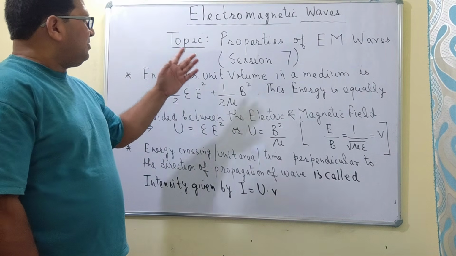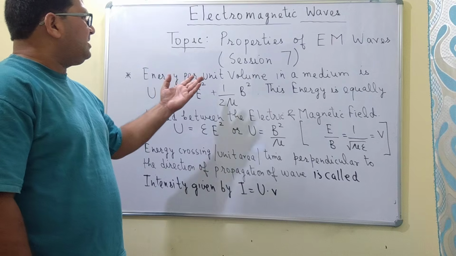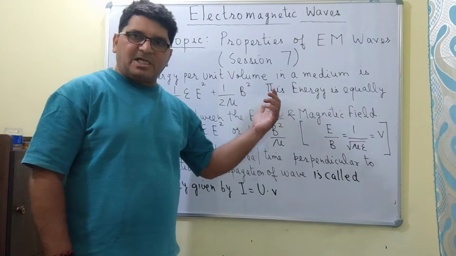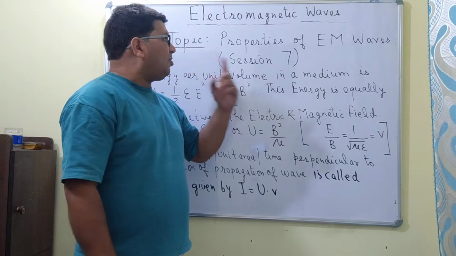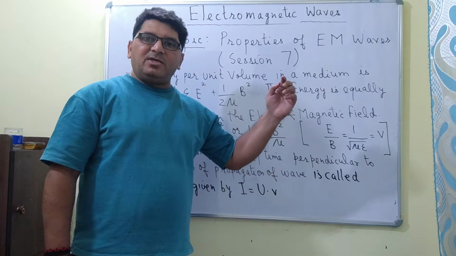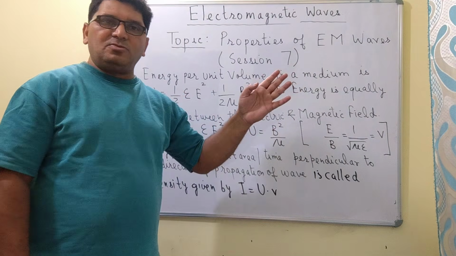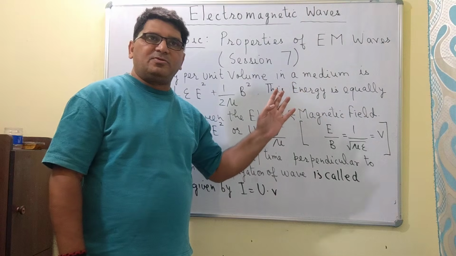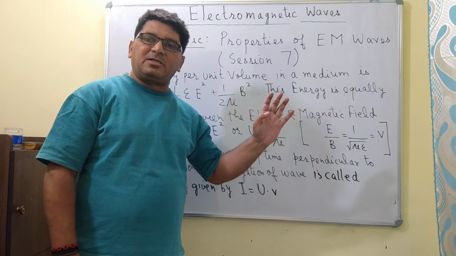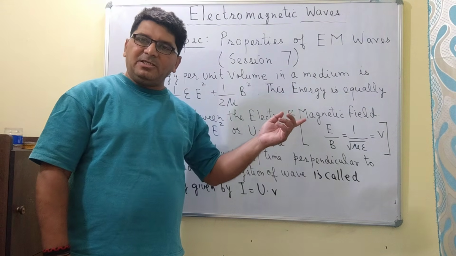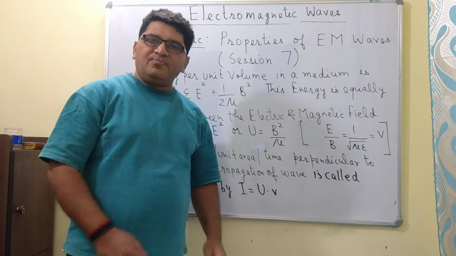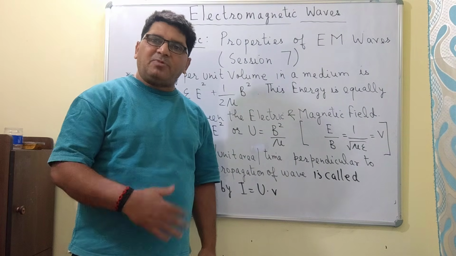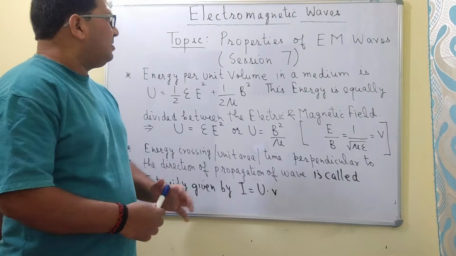In the previous session we studied that an electromagnetic wave is a transverse wave, and the direction of propagation of the electromagnetic wave is always perpendicular to the direction of oscillation of the electric and magnetic fields, and the electric and magnetic fields are also oscillating perpendicular to each other.